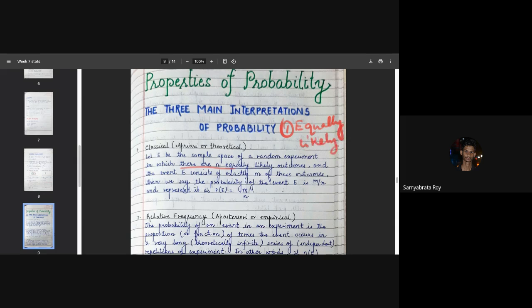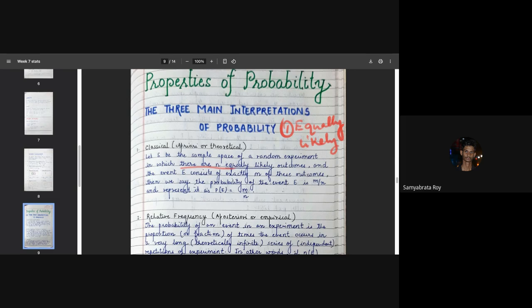All of the elements within a subset are equally probable to occur. That means each element of the sample space has the same probability of occurrence.